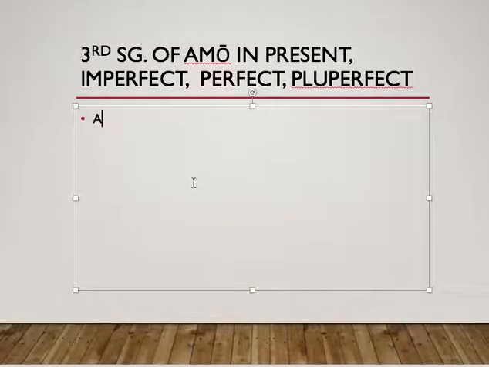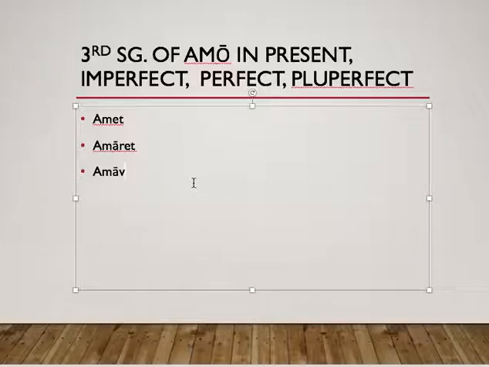Okay. So review: present tense, amo, amas, amat, but it's subjunctive, so I change the a to an e. Amet. Imperfect, I go to which principal part? I go to the second principal part. Do I have to do anything to it? Nope. I just add on the endings, amaret. Perfect, I go, as always, to the third principal part, amavi. What do I do to it?